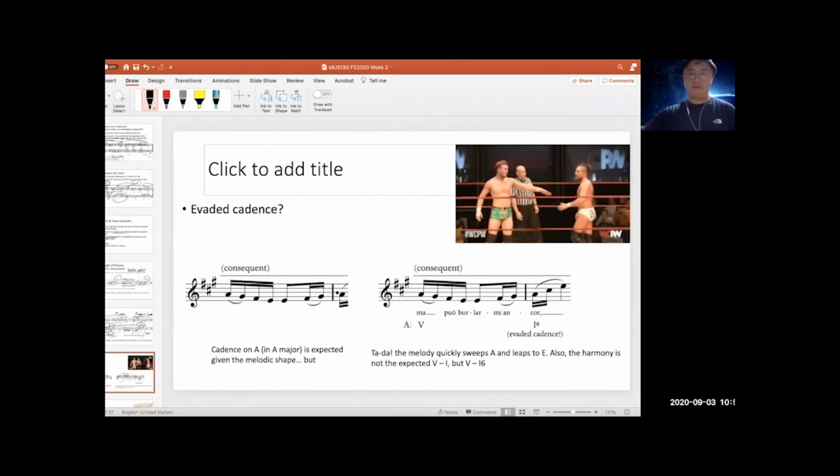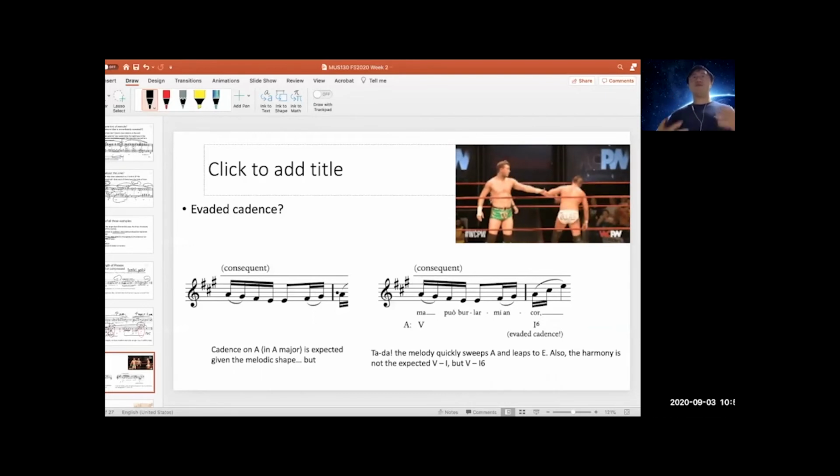And I think evaded cadence feels like this kind of faking gesture. You just give a hand to make a nice handshake, but suddenly your friend says, duh. Yep, it sounds silly, but actually that's what evaded cadence feels like.